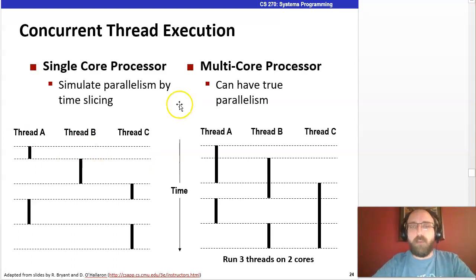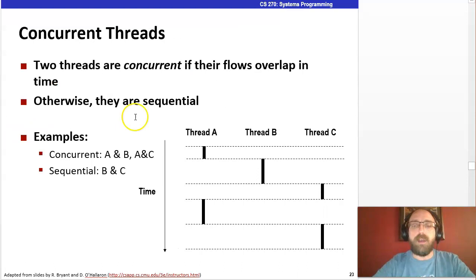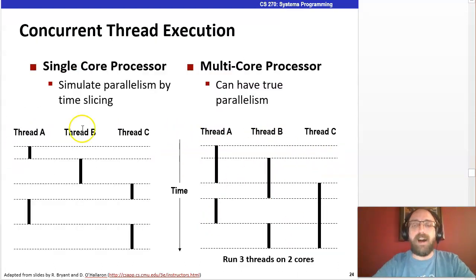And as with processes, if we have just a single core processor, we don't actually have things running at the same time. Our threads are concurrent. Their logical control flows overlap in time, but they're not parallel. They're not actually running at the same time. We're just switching back and forth between them quickly, time slicing.